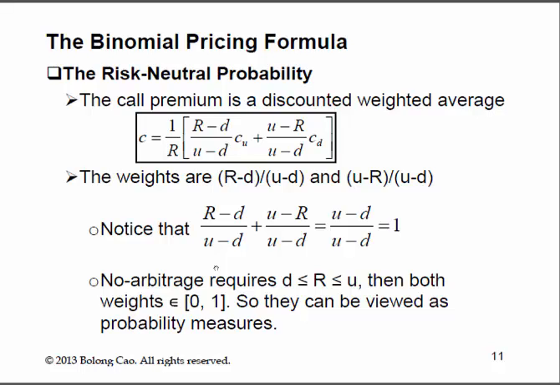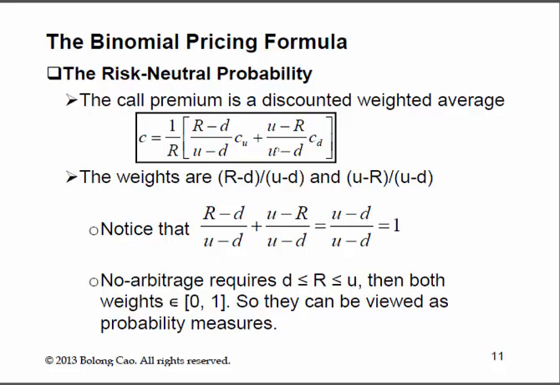Actually, they are called risk-neutral probabilities. Why risk-neutral? Because only risk-neutral investors use the expected value to price a financial asset.